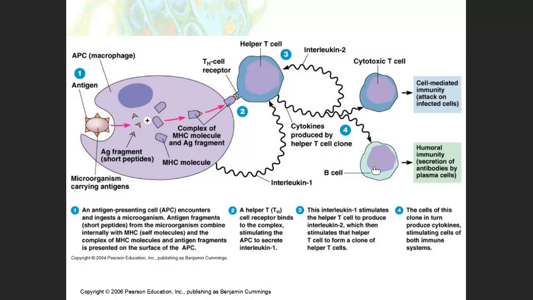So what happens to your immune response when there's no helper T cells?